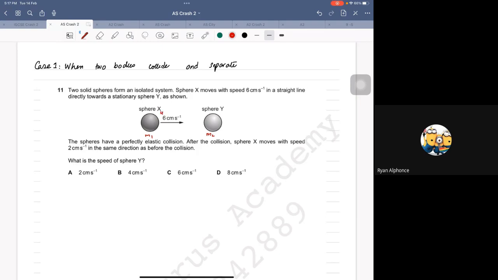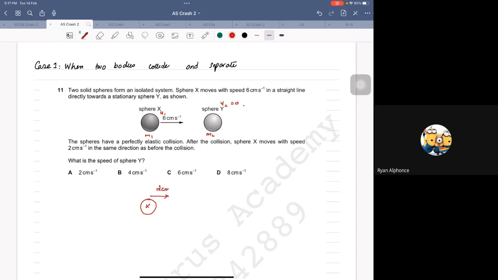So this would be u1 and u2 will be 0. It says the spheres have a perfectly elastic collision. After collision, sphere X moves with the speed 2 meters per second in the same direction as before.